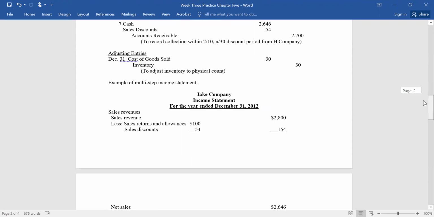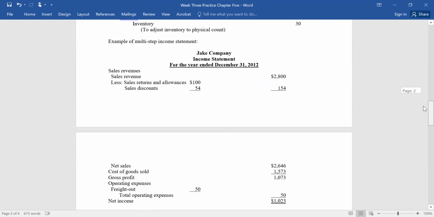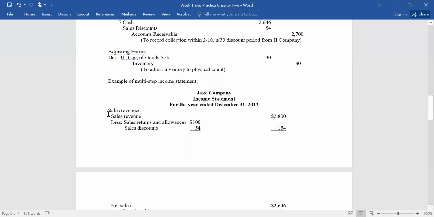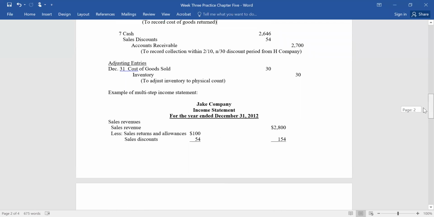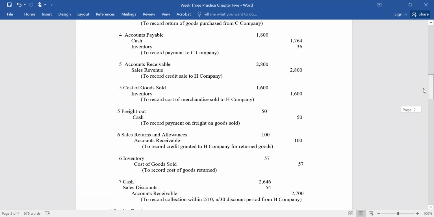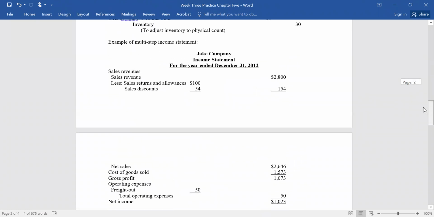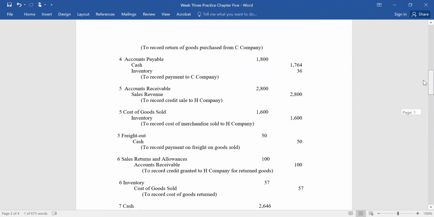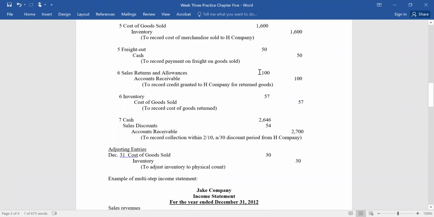So I then created an income statement, the multi-step income statement. If you look, I can trace most of this without even going to the T account. Sales revenue was $2,800. That was back here. And then we had that sales return and allowance. Remember, they returned $100, which is here.